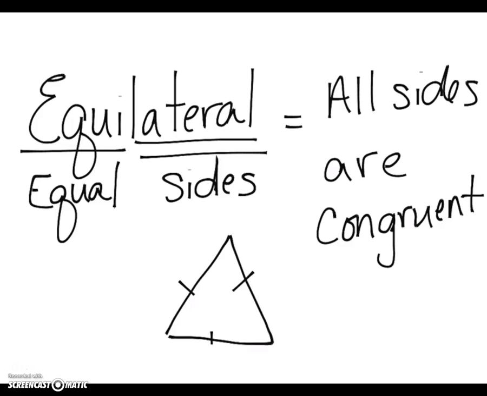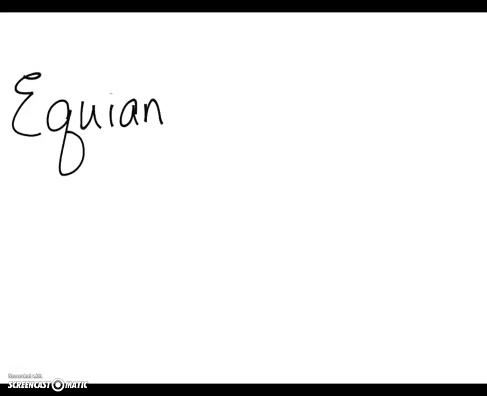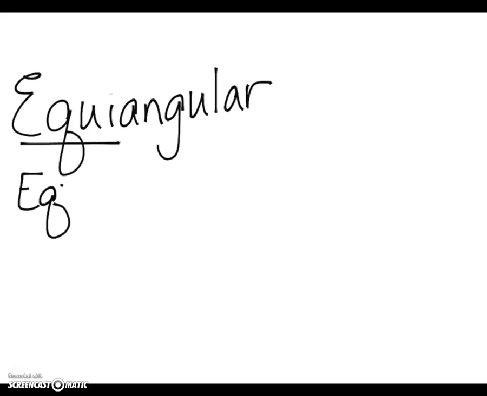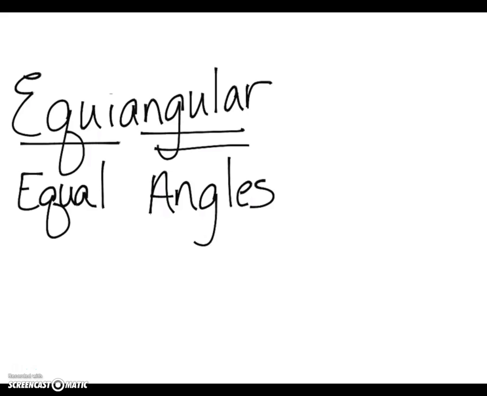Okay? If we have something that is called equiangular, okay, we'll break that down. Equi means equal. Angular means angles. And so this would mean that all the angles are the same.